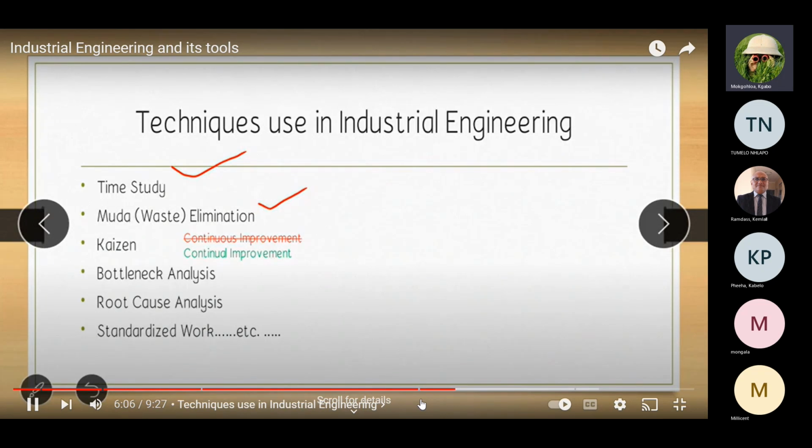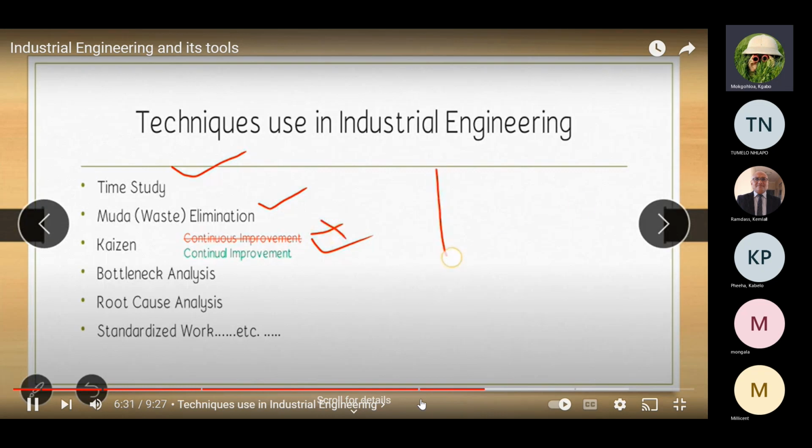Earlier it was 7 wastes, everybody knows the 7 or 8 wastes, but now it becomes 9 wastes. We will discuss these wastes in the next training. Then the next tool is Kaizen. Kaizen means continual improvement. Everybody can see, it is not continuous improvement, it is continual improvement.